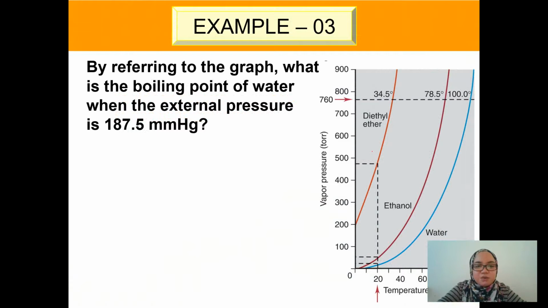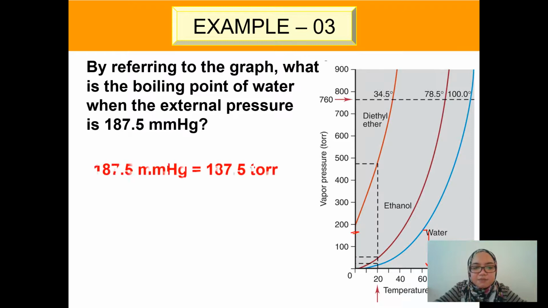Alright. So look at this example. By referring to the graph, what is the boiling point of water when the external pressure is 187.5 mmHg? So 175 mmHg is between 100 and 200. This is the pressure lah. So kalau kita tengok, this is the temperature of the water. So dekat sini possibility dia, dekat sini lah dia punya boiling point dia.